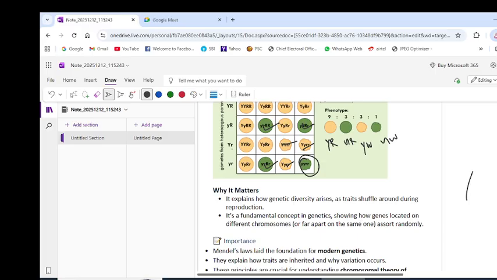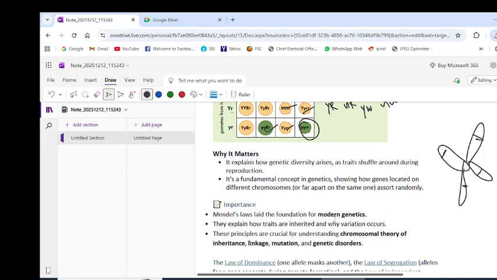Okay, normally in chromosomes the genes are located in very different locations, but during the gamete formation, they assort randomly.